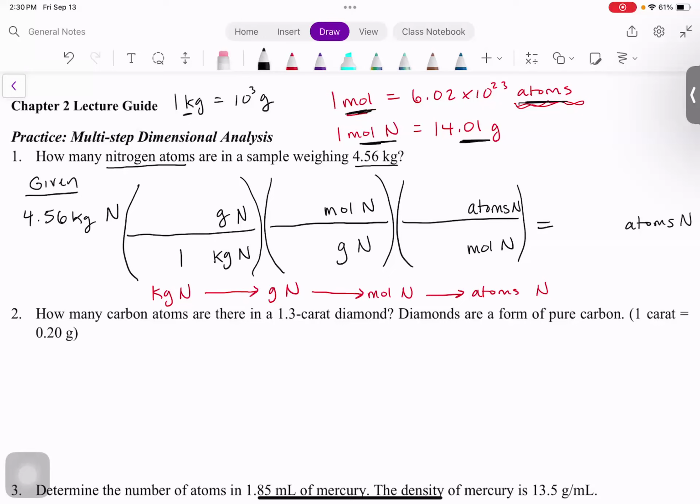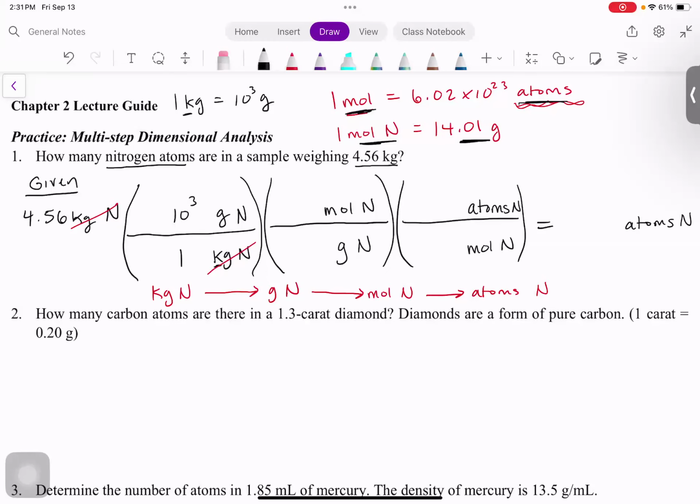So 1 kilogram is equal to 10 to the 3rd grams. That's the definition of a kilogram. 1 kilo of anything is 10 to the 3rd of that thing. So just taking kilo and making it 10 to the 3rd. So that gets rid of my kilograms, converts me to grams.